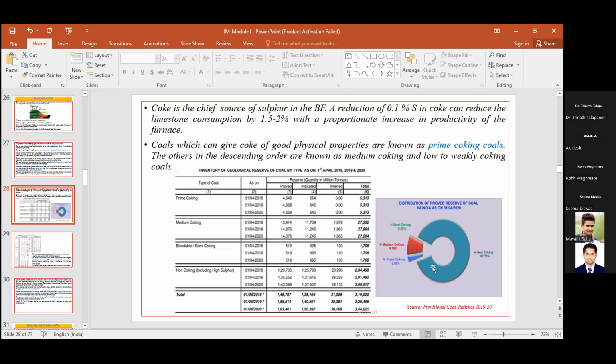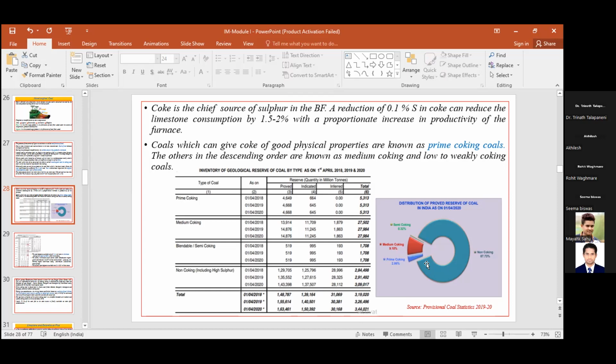So keeping the availability of the coals into consideration, the industries have come up with alternative routes of iron making, where you need not use prime coking coals for the production of iron.